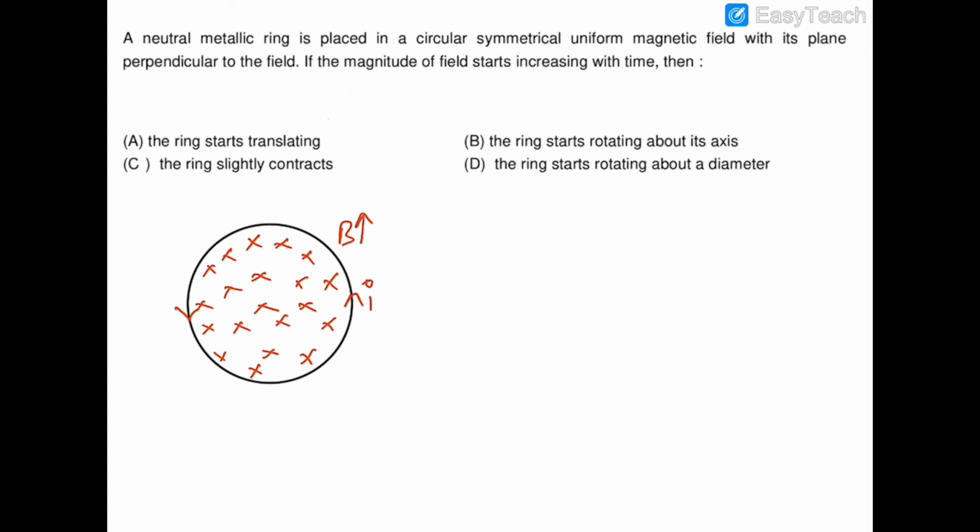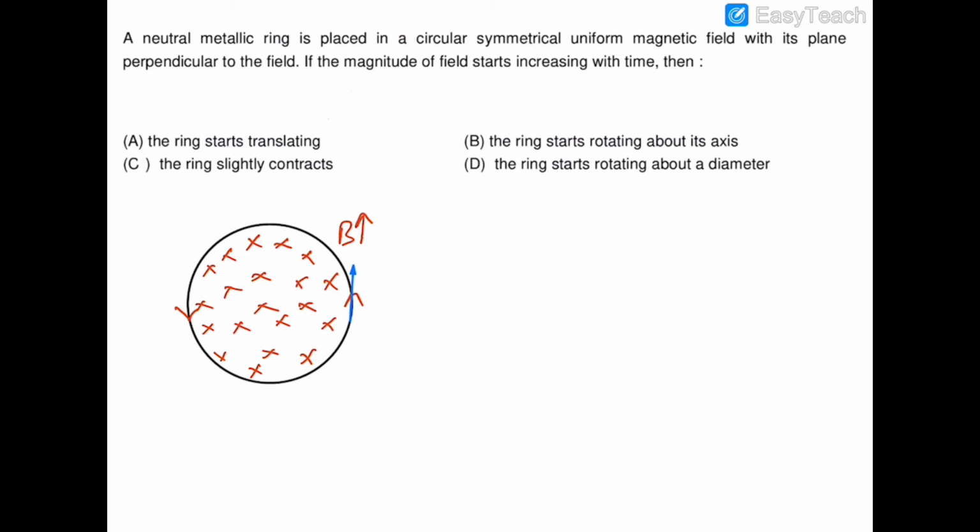Now this induced current is flowing in this ring, and let us suppose that there is a small element of some length dl at this point. I am drawing with some other color.